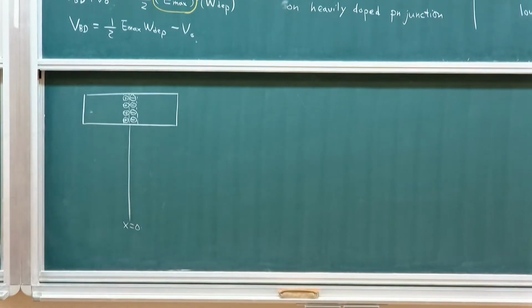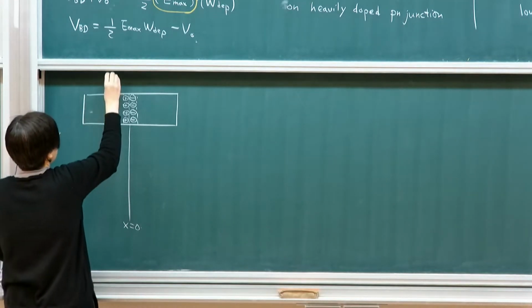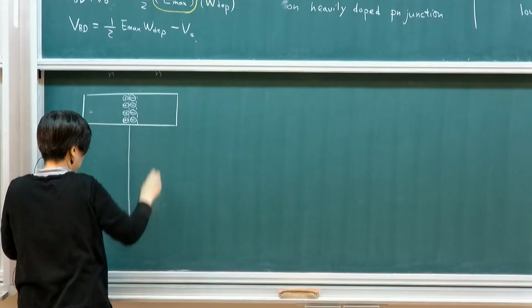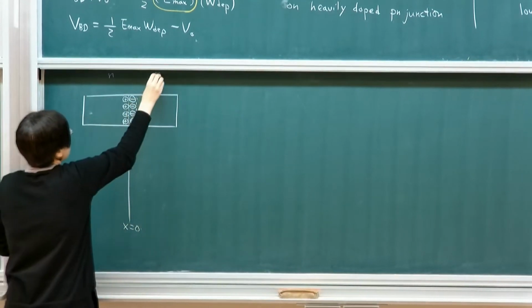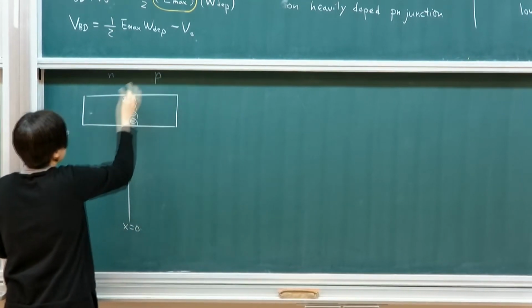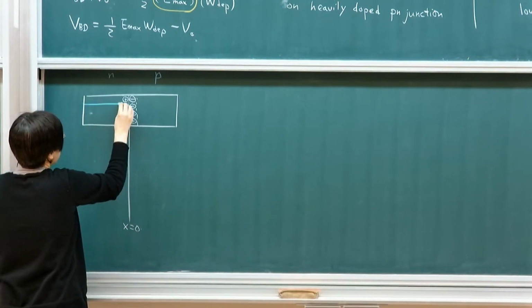So if I'm plotting the electron, let's say this is the N side, and the other is the P side. What happens is I start with this.